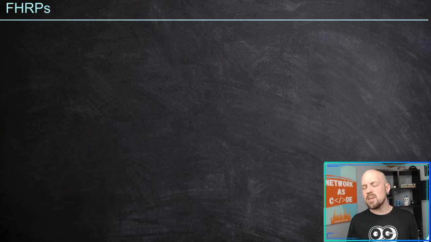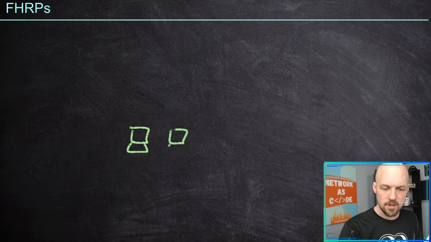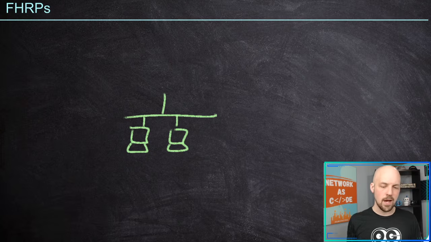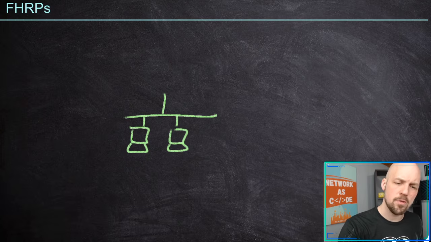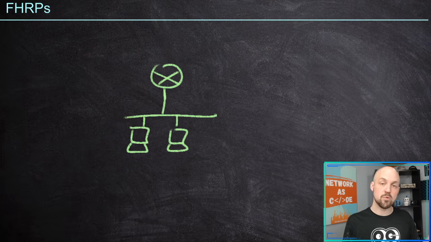and try to figure out what all these FHRPs are about. I'm guessing most of us on some level understand the goal of FHRPs, but just to recap and get us all on the same page: let's say we've got some users that are logged into a network, and there's an upstream router. A long time ago, we had a single router, and this was the default gateway.